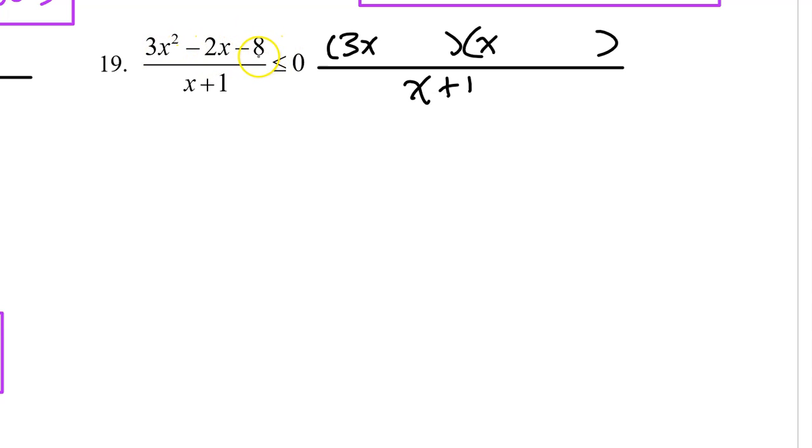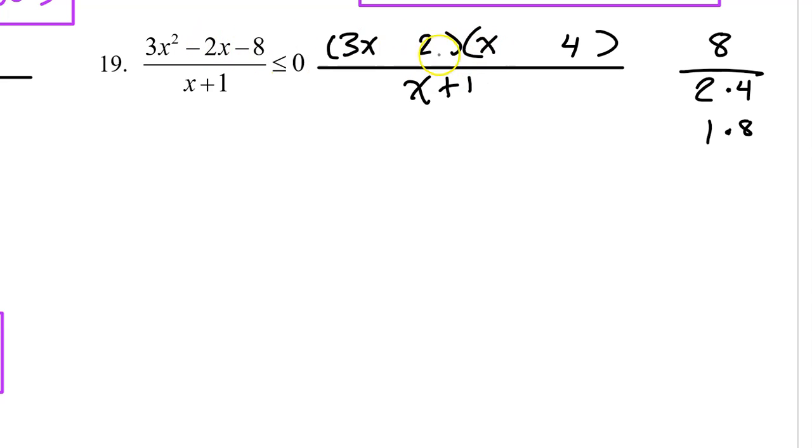Looking at the 8. 8 can either factor as 2 times 4 or 1 times 8. Right now I don't know which one it's going to be. I always start with the numbers that are closer together though. So I'm going to start with 2 times 4. Inner plus outer must equal the middle.